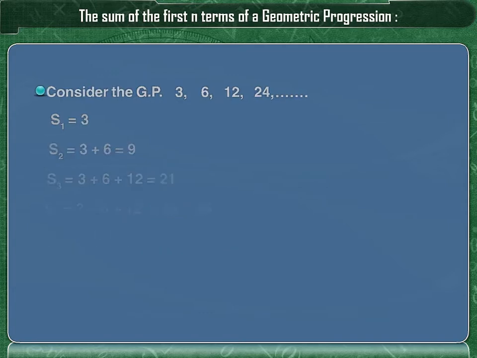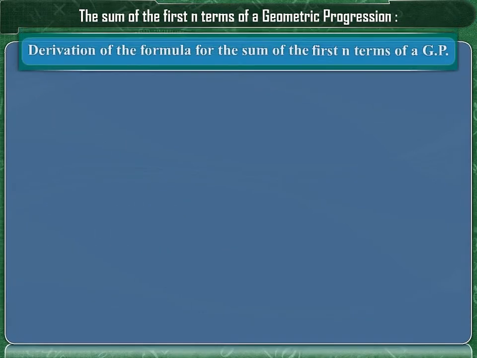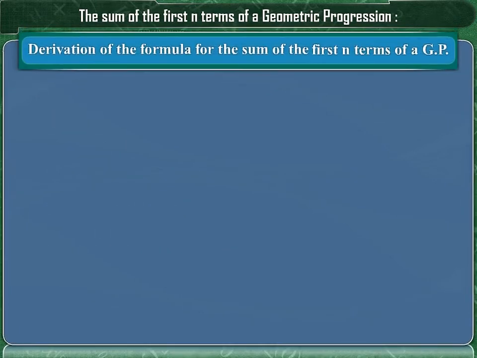We will consider a GP a, ar, ar raised to 2, ar raised to 3 and so on up till ar raised to n minus 1, where r is not equal to 1. Let the sum of the first n terms of the GP be Sn, which is equal to a plus ar plus ar raised to 2 plus ar raised to 3 and so on up to plus ar raised to n minus 1.